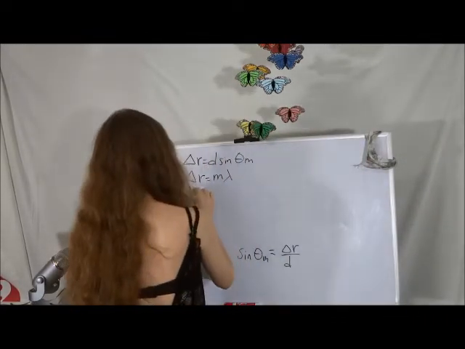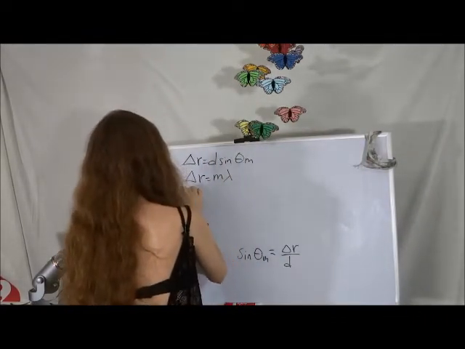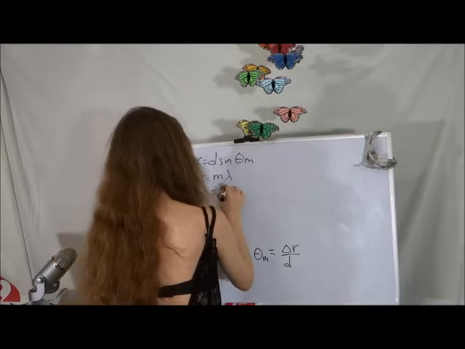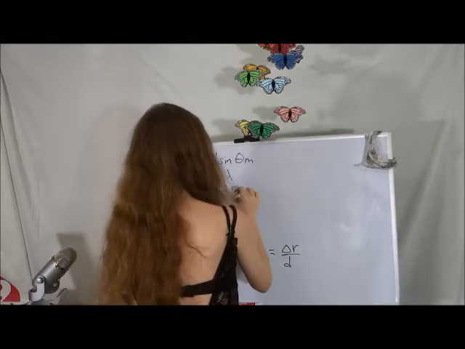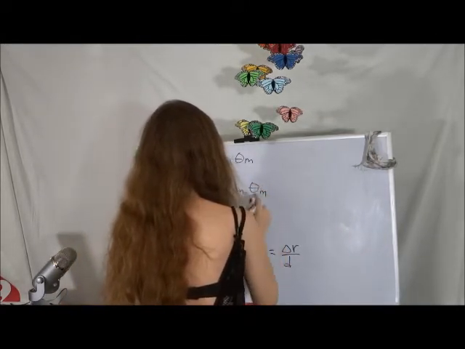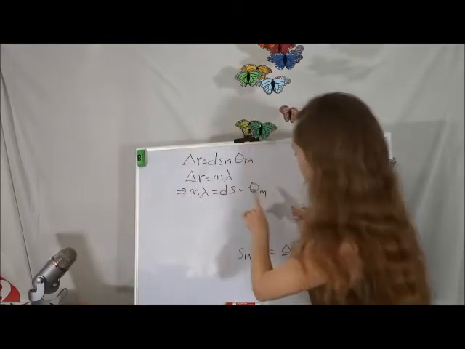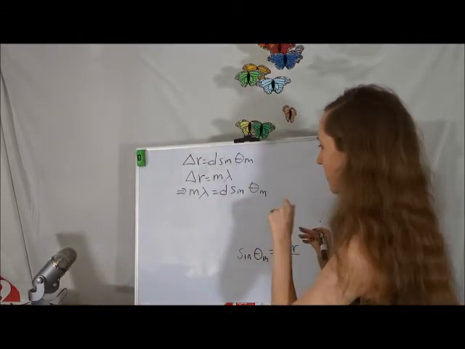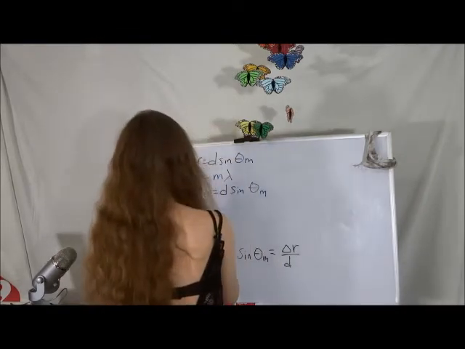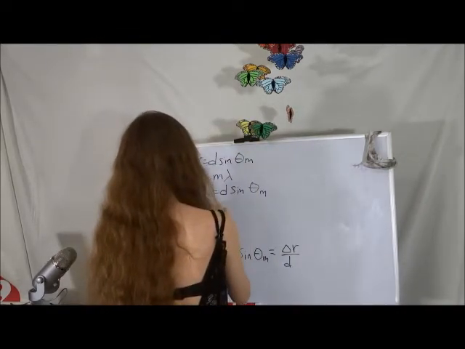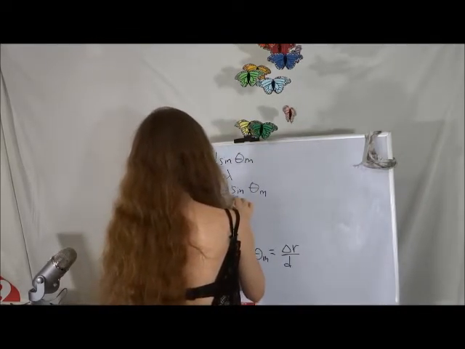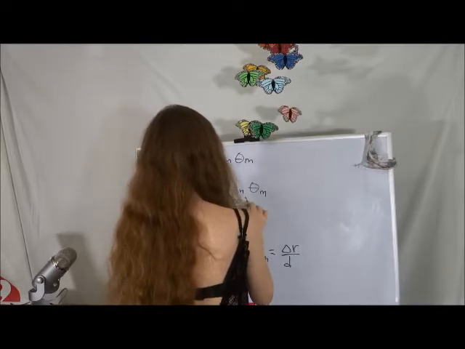So we're going to have m lambda is equal to d sine theta m. Now I'm just going to divide both sides by d to solve for sine theta m. We'll have sine theta m is equal to m lambda over d.